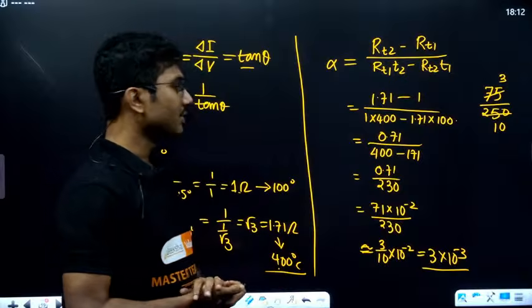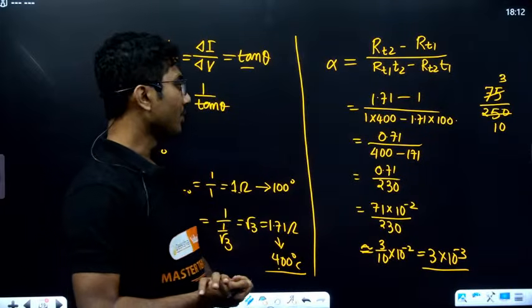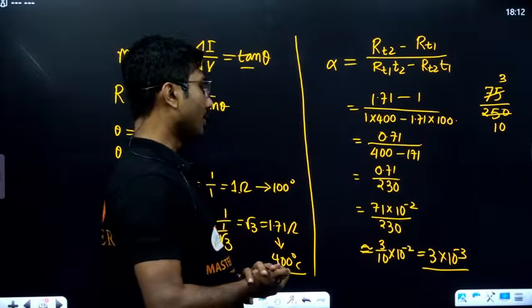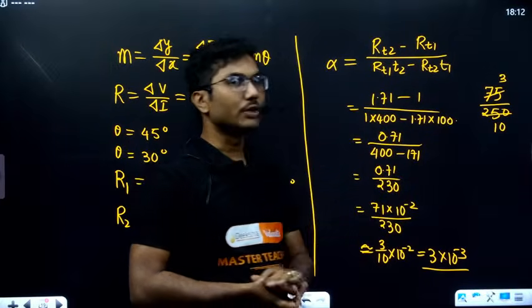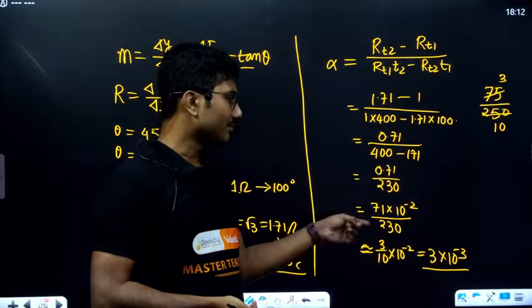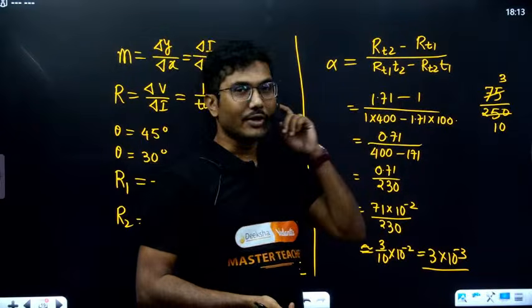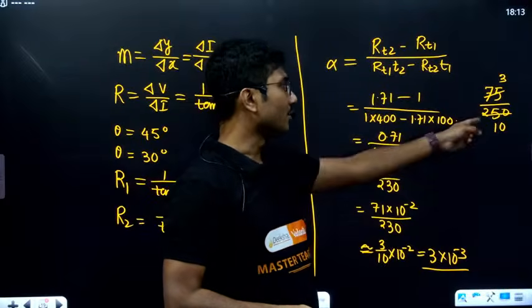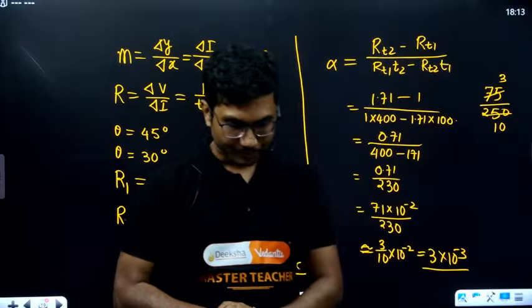Approximation is super duper important, it gives you an idea what the possible answer could be. 71 and 230 are both close to 75 and 250, and then our result is actually matching.